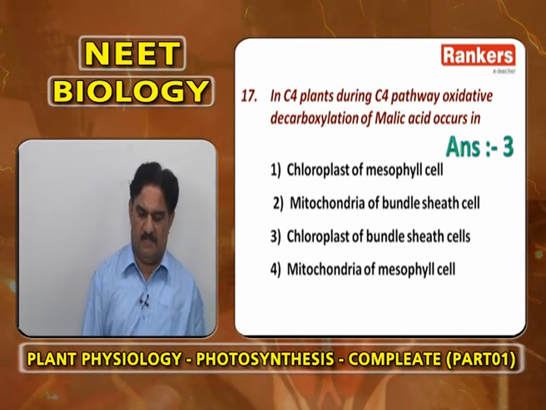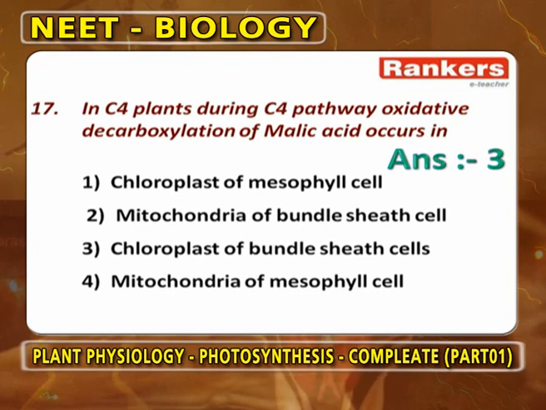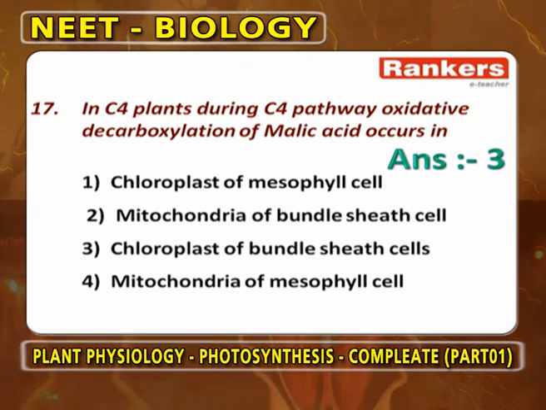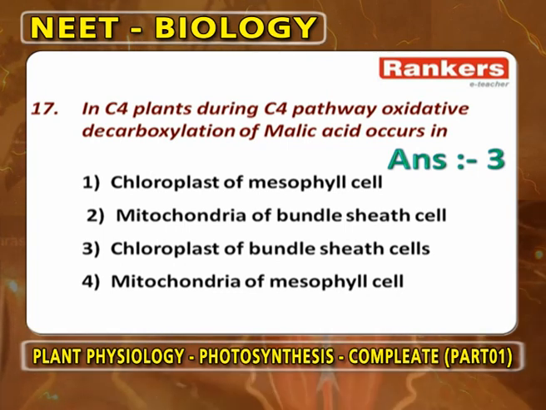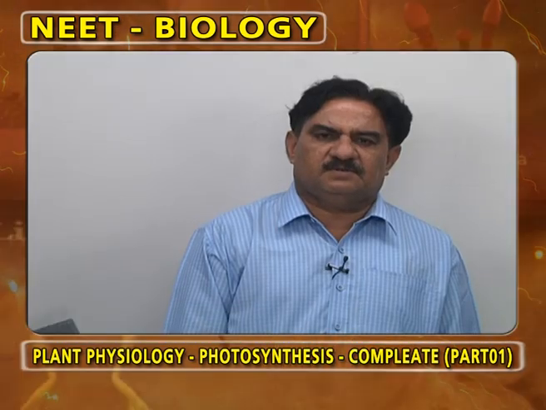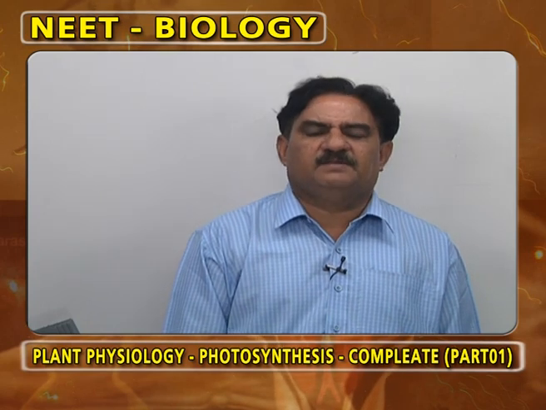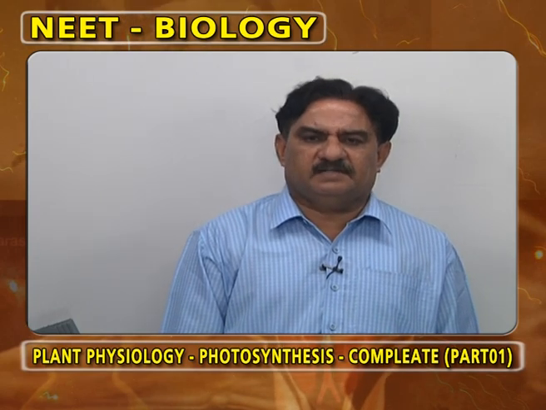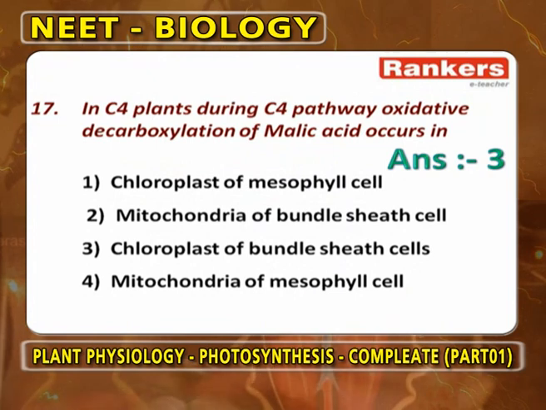That carbon dioxide liberated is taken by RuBP of the stroma matrix. C3 cycle occurs, glucose is formed in bundle sheath cells. Pyruvic acid is formed, which again moves back to mesophyll cells, utilizes 2 ATP in the presence of pyruvate dikinase, and regenerates phosphoenol pyruvic acid.